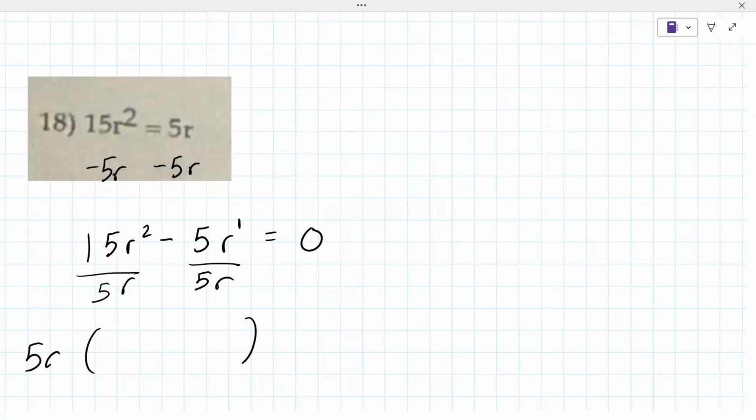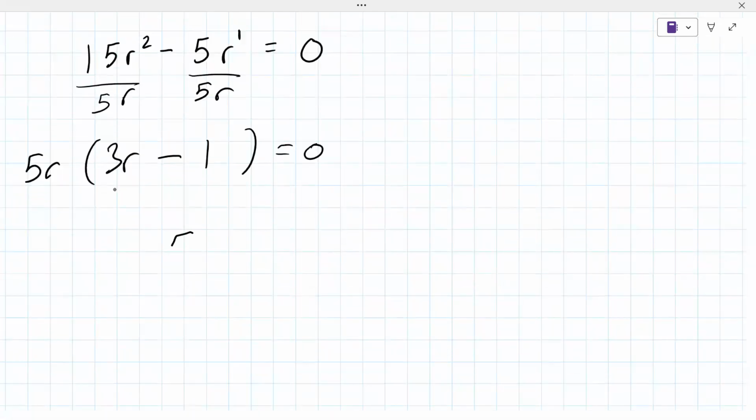15 divided by 5, 3r. Okay. What comes next? Minus 1. Okay, now this one's slightly different than the others.